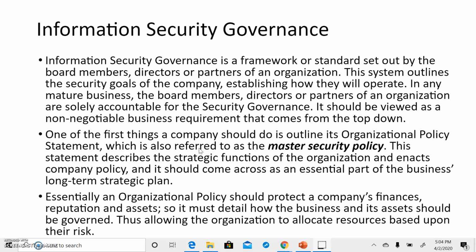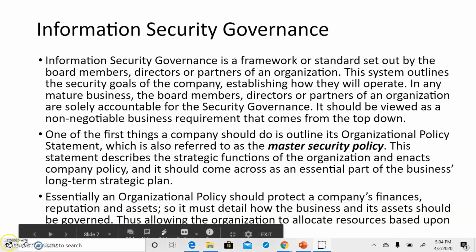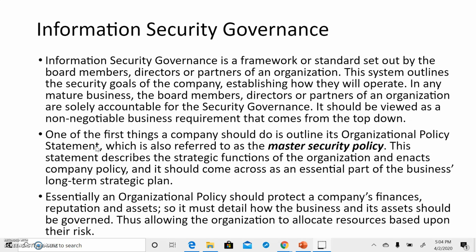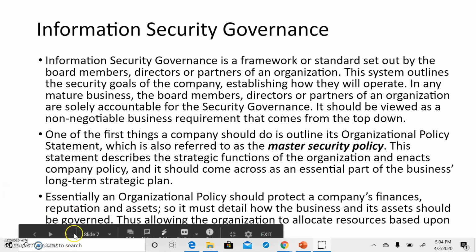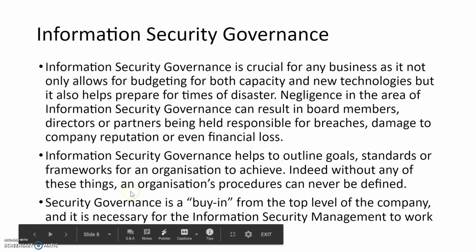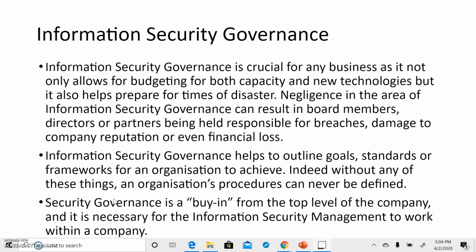So we have discussed what the information security governance policy is, who will decide it, and what their responsibilities are. Next, information security governance is very crucial for any business organization.